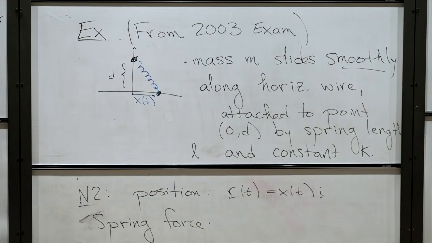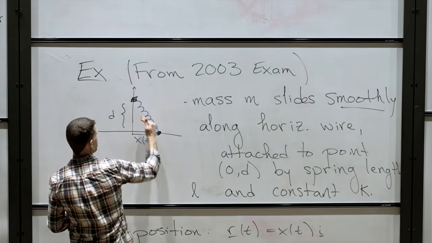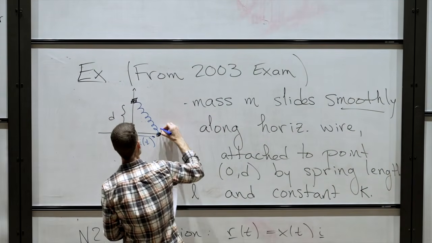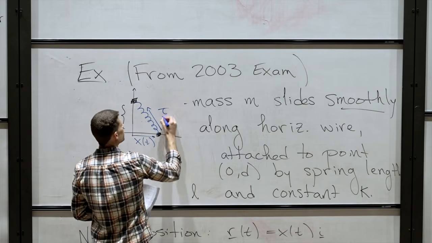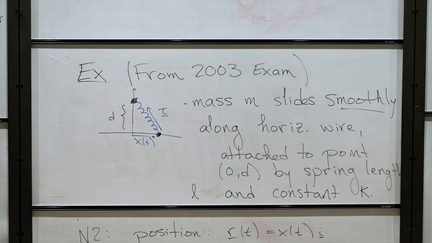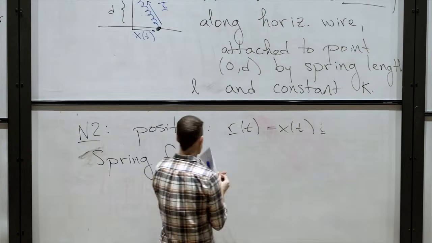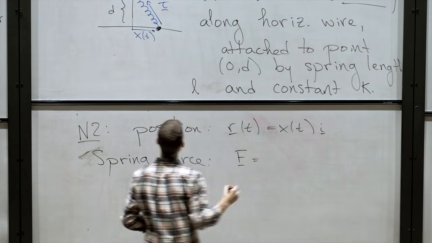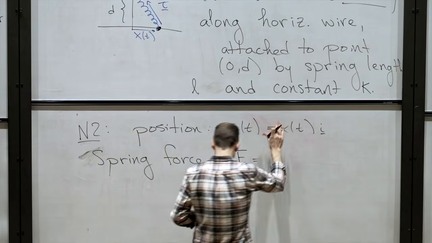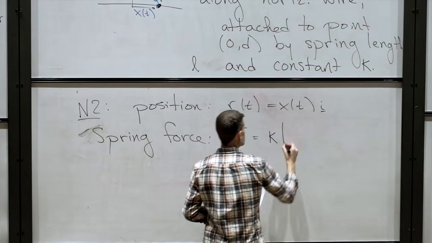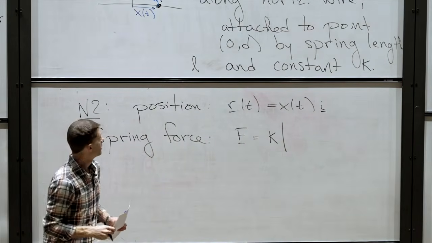So what do we know? Springs, we've said, a spring is a force that points along the direction of the spring. The magnitude is a constant times how much the spring has been stretched, right? So what I need to do is think about that direction right there, because that's the direction the spring is actually pointing. And if I call that direction vector tau, then what I can do is say F as a vector is spring constant times the change in length of the spring.